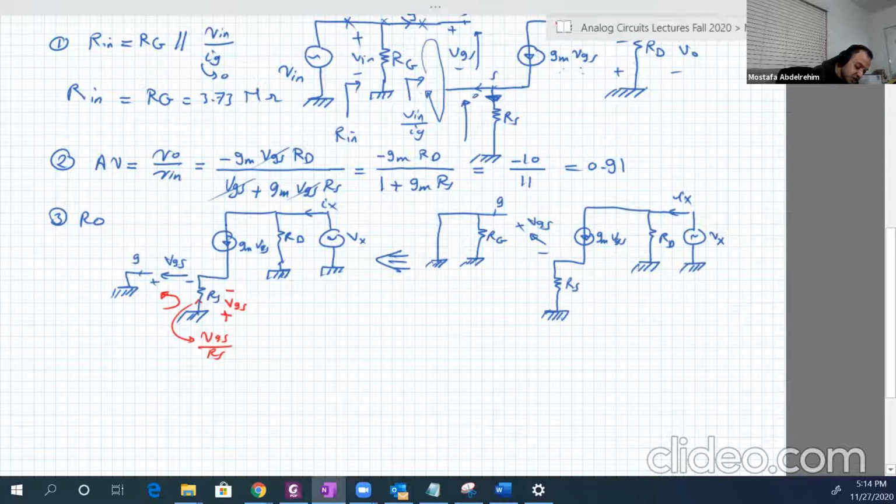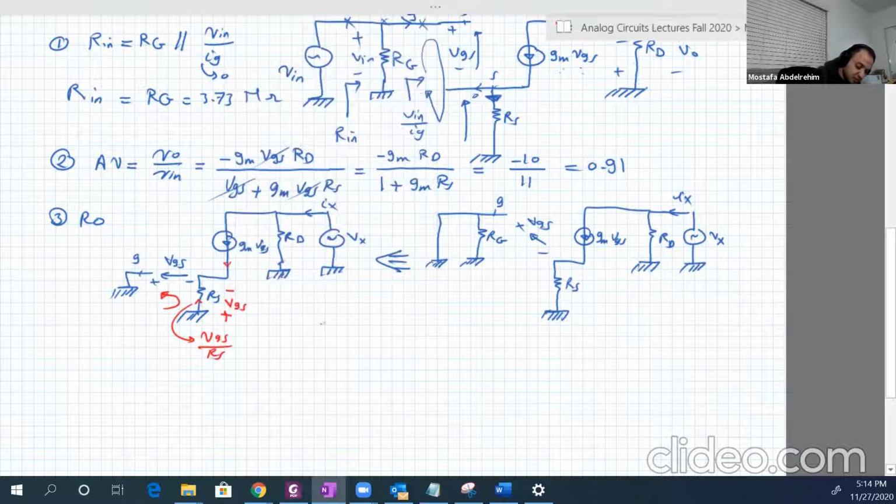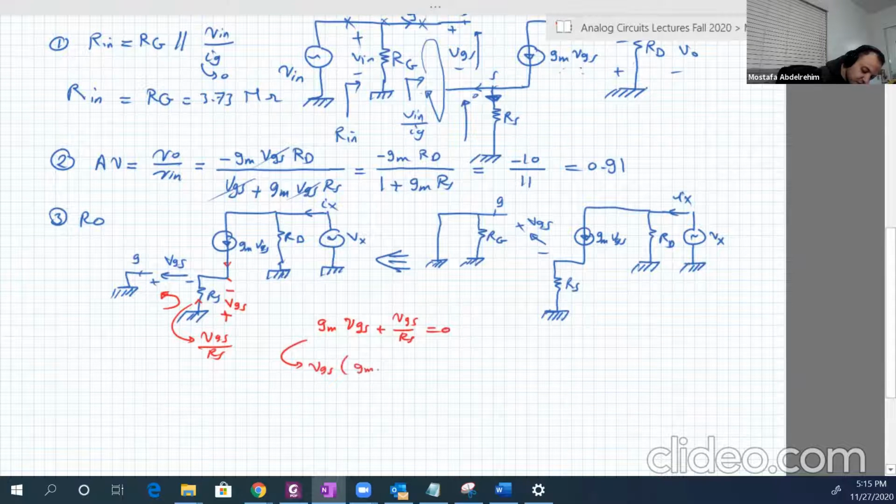So in that branch, there is a current going down, which is GM VGS, and another current going up. So at that point, both currents are going into the point. So VGS over RS plus GM VGS equals 0. So from that, VGS times GM plus 1 over RS equals 0.